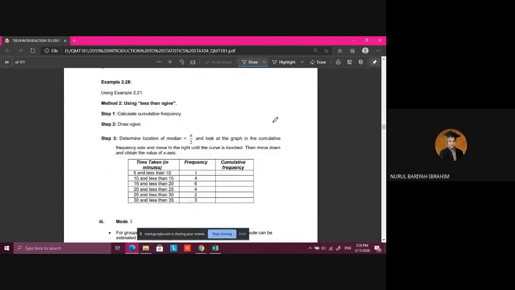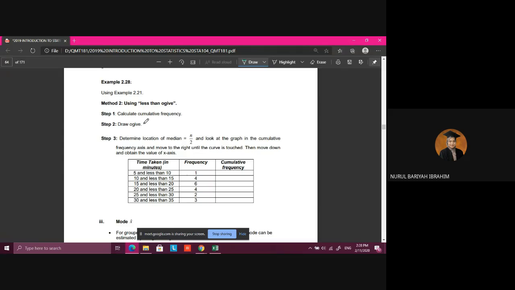Secondly, the other method is to use the less-than ogive that you have learned before, how to draw the ogive. Using a different example, time taken. First of all, we need to calculate the cumulative frequency because we need to draw the ogive.